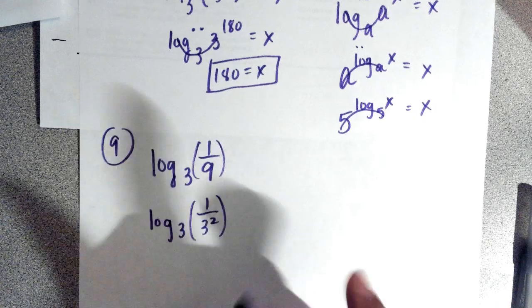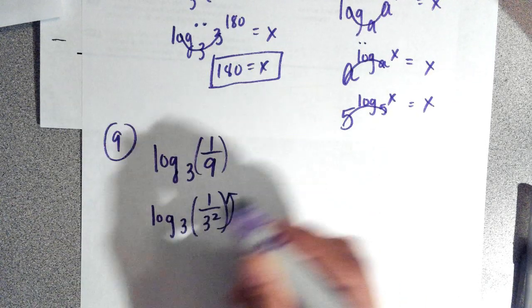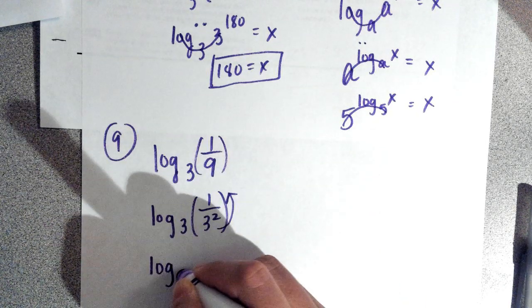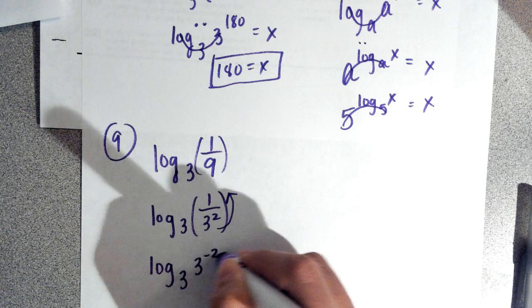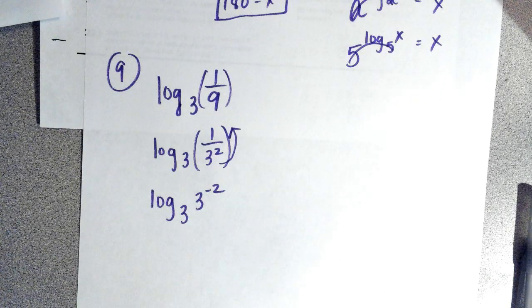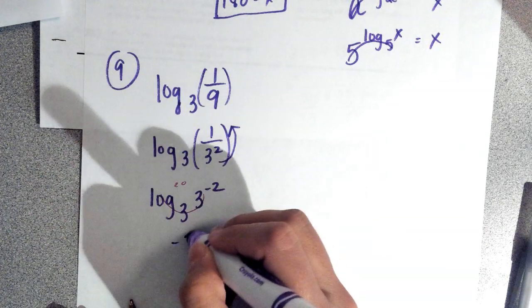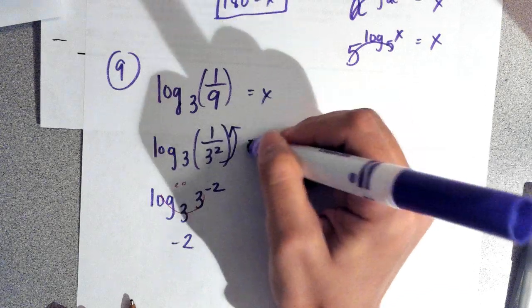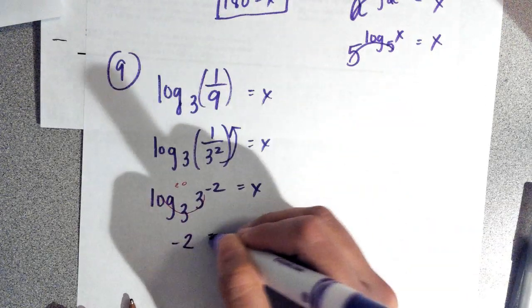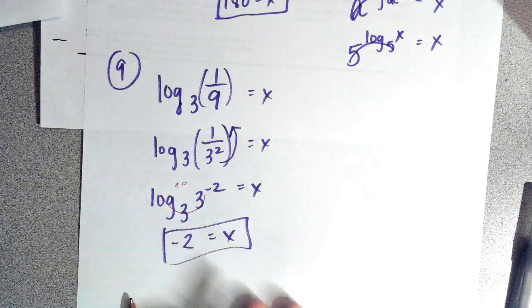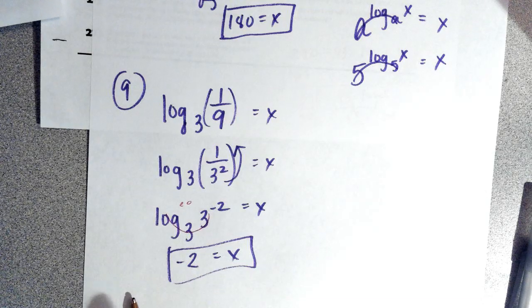What I need to do is get rid of the fraction. So what I'm going to do is move this guy up. So this becomes log base 3 of 3 to the negative 2 power, just like that. So now these guys cancel, so the negative 2 drops. So your answer is just x equals negative 2.